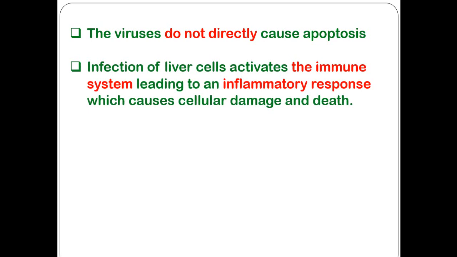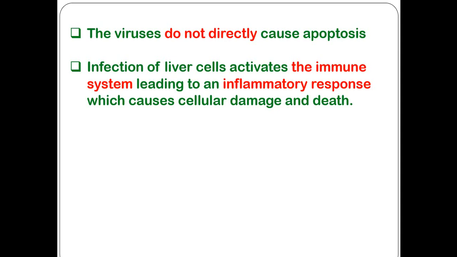So the presence of the virus itself is not toxic or causing necrosis of the cells, but the immune-mediated process that happens in response to the presence of these viruses will initiate the cellular damage and death, and of course will initiate the clinical manifestation of the disease.